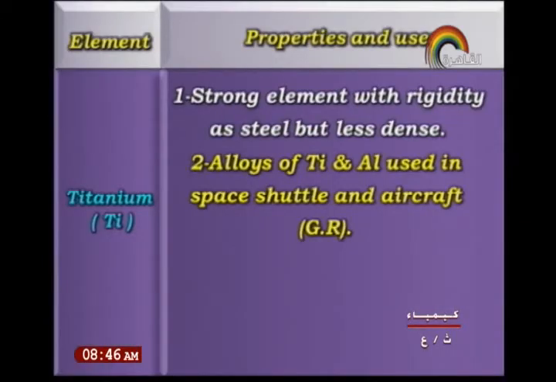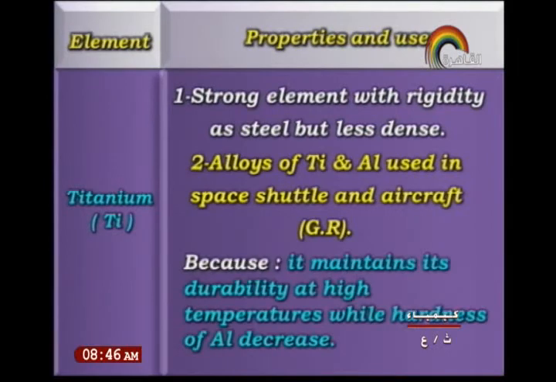So my dear students, as shown on the video, the titanium with aluminum is harder than steel, so we can use it for making space shuttles and aircraft. And we have a good reason for it. Alloys of titanium and aluminum are used in space shuttles and aircraft. The reason for that is because it maintains its durability at high temperature while the hardness of aluminum decreases.